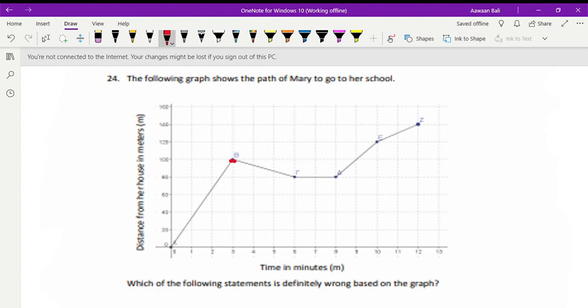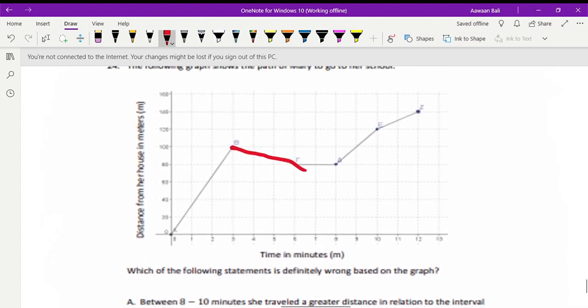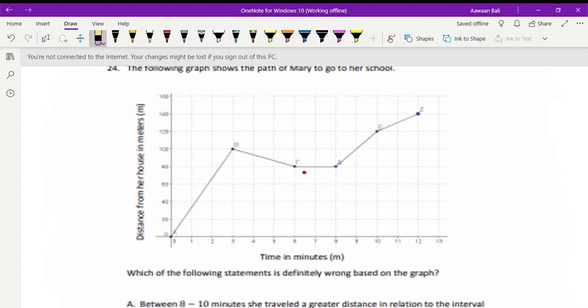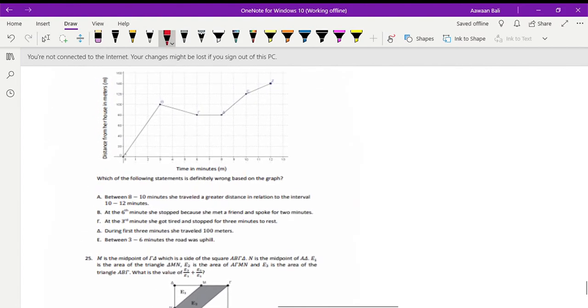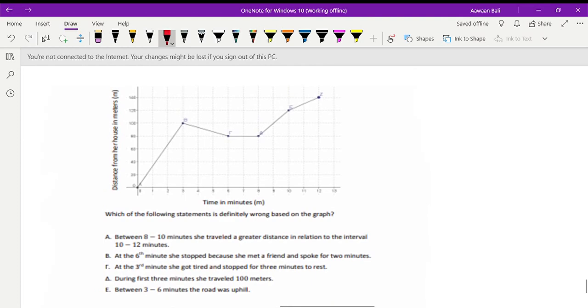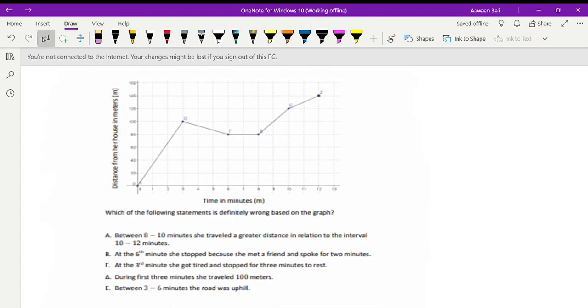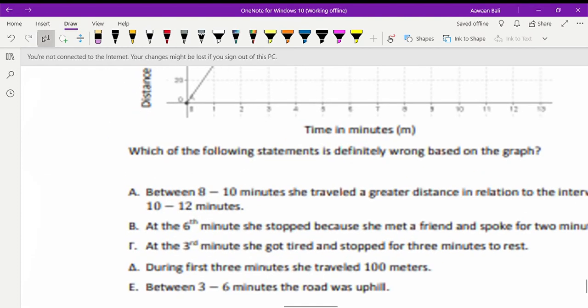So this is exactly what Mari's doing. She's going slower because she's climbing uphill. And then it makes sense that after her pause, she goes back faster, with this big jump, because now she's going downhill. Makes sense, right? So therefore Eta is correct, and the answer is gamma.